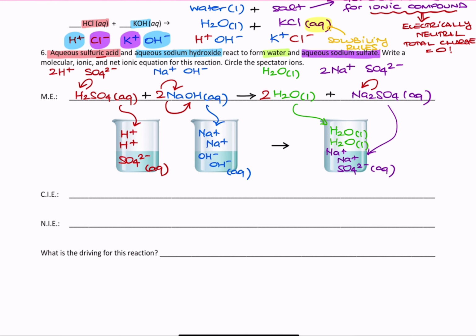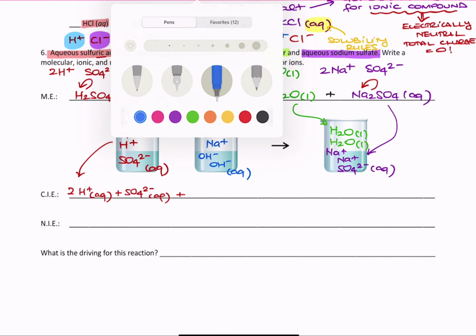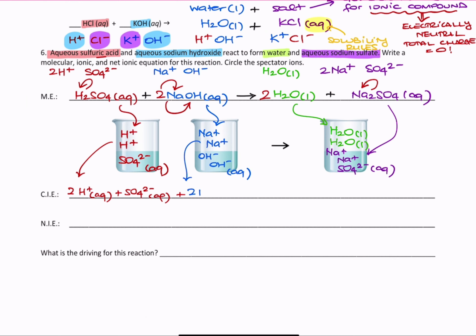We can now write our complete ionic equation. We have 2 H plus aqueous plus SO4 2 minus aqueous in the first beaker, followed by 2 sodium ions in the second beaker plus 2 hydroxide ions.